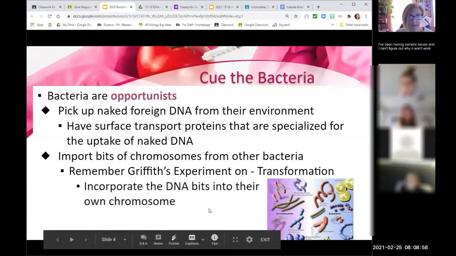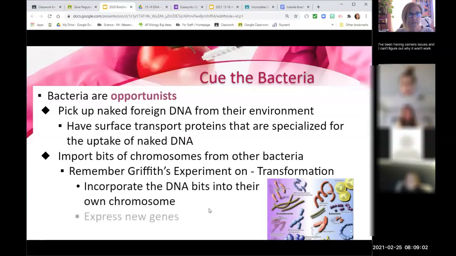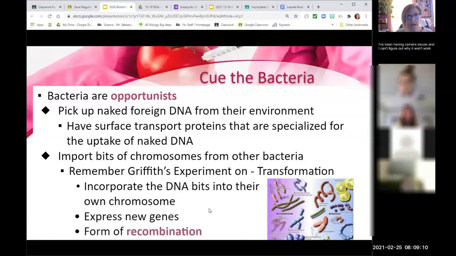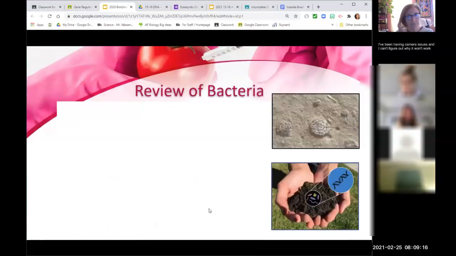So we're going to incorporate DNA bits into the chromosome of the bacteria, and this is going to cause the bacteria to express new genes, or whatever organism you're incorporating into, okay? So this forms what we call recombination, which is just DNA from two different sources.